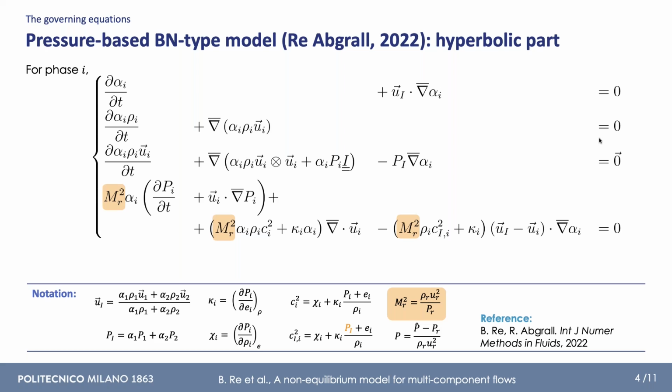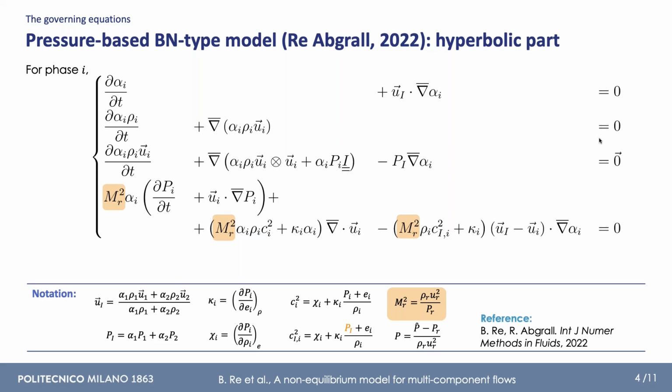This model is dimensionless, and in particular, the first equation doesn't change its shape between the dimensional and the dimensionless version, while the last one changes. Instead of having a standard scaling in which a density and a reference velocity are sufficient to scale all the equations, we need also a reference pressure, because we use this reference pressure to define our non-dimensional pressure as a non-dimensional variation with respect to this reference pressure here.